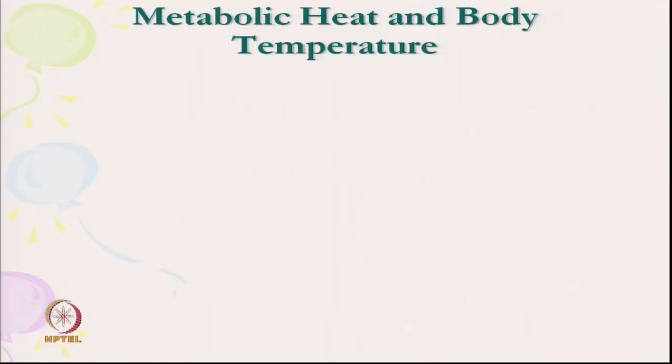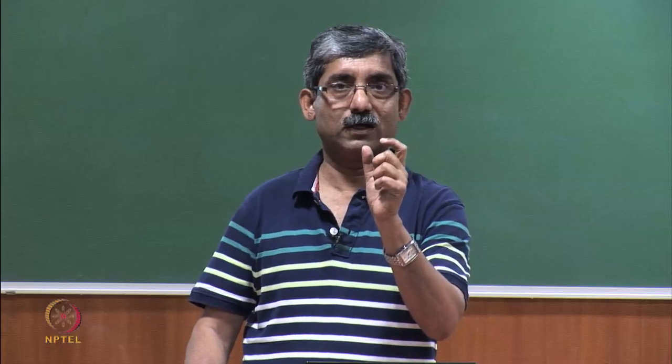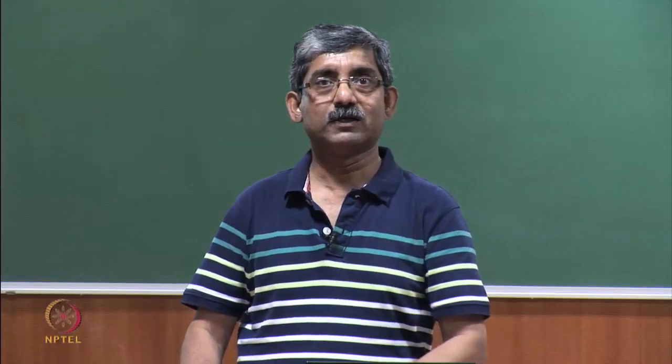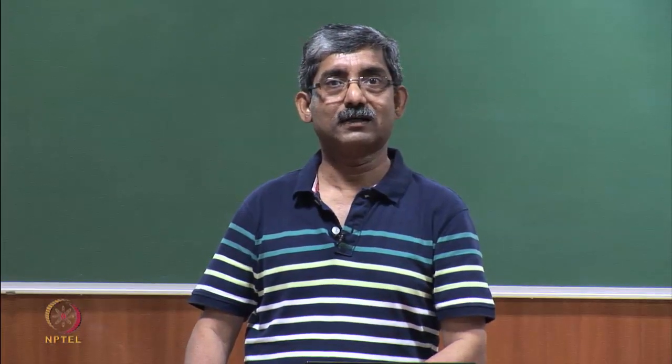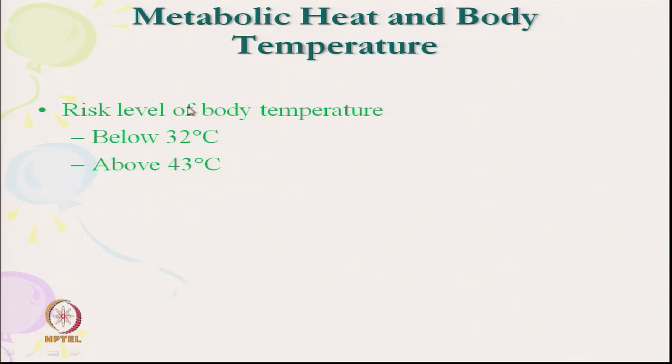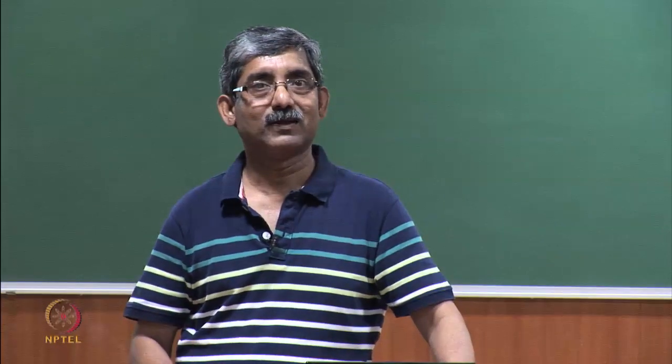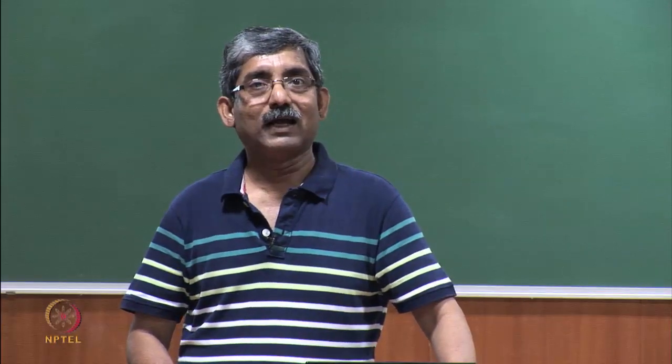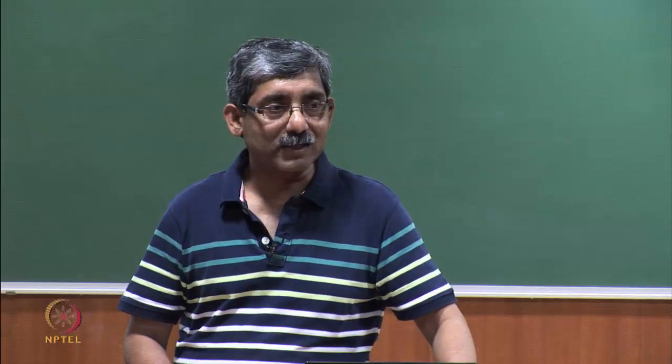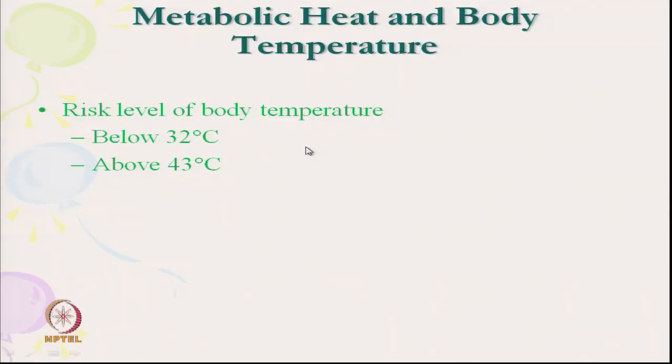So, metabolic heat and body temperature. The risk is that if it goes beyond plus or minus 5 degrees Celsius, then our body will be at risk. Normal body temperature is 37 degrees Celsius.